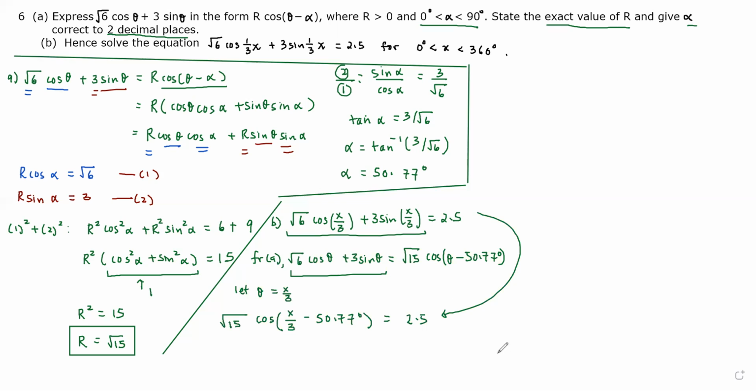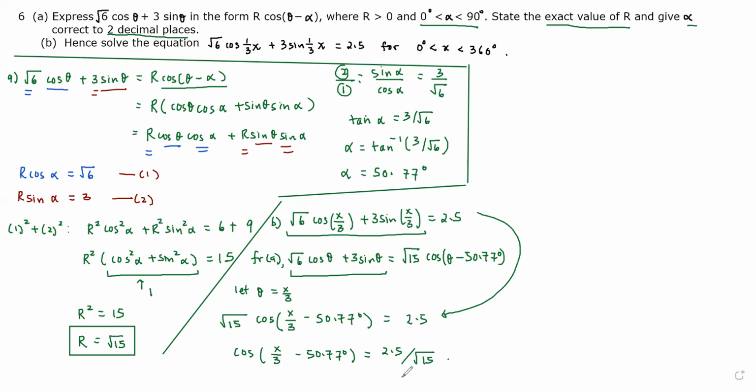From here, we need to solve for x in between 0 and 360 degrees. So we divide throughout by square root of 15. We have cos of x over 3 minus 50.77 degrees equals 2.5 over square root of 15.